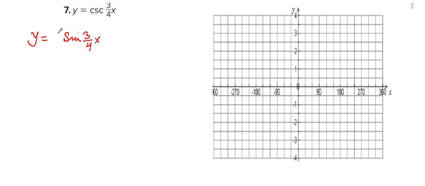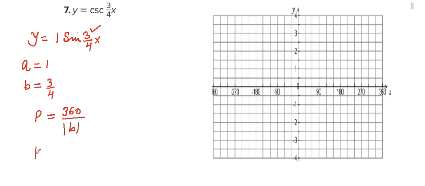You know that here's a 1, so the amplitude is 1, and the value of b is 3 over 4. And you know the formula of the period: period is 360 over the absolute value of b. So period is equal to 360 over 3 over 4.